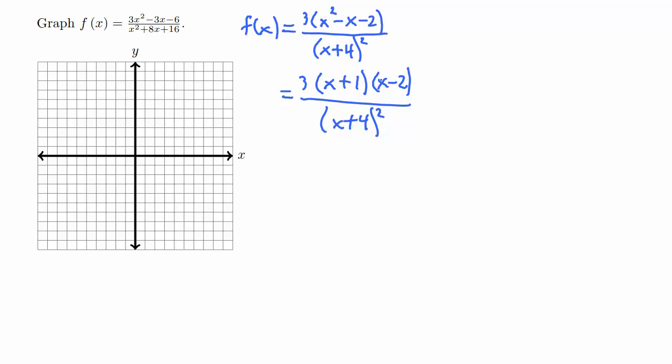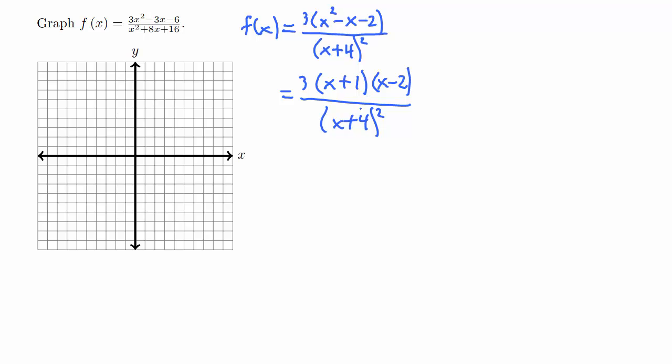Fantastic. Notice that there are no common factors, so nothing actually simplifies. And it's important to understand this because if something did cancel from the denominator to the numerator, it's possible to have what's called a hole in the graph. But because there isn't any common factor, we don't have to worry about that.